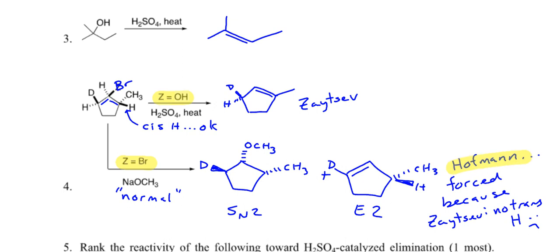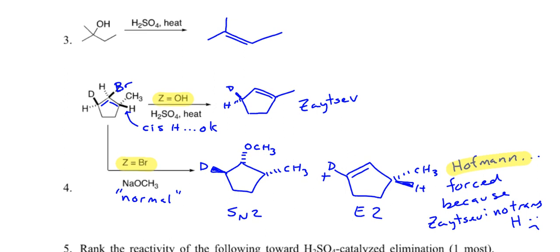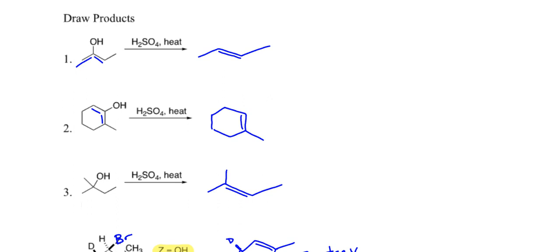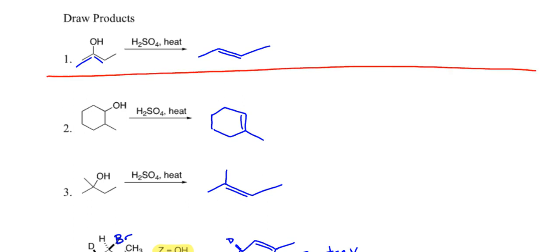Okay, let's talk about a couple of mechanisms. I think that's going to be really important for us. So I'll do this in red. I'll try to keep this as clear as I can. It's going to get a little tricky here. I'm going to make a line right here just so we can try to keep this as clean as possible. So if I start with my structure right here again, let's do number 2 first.